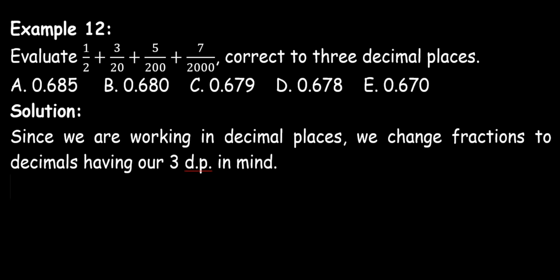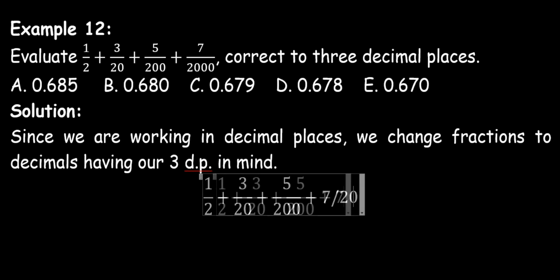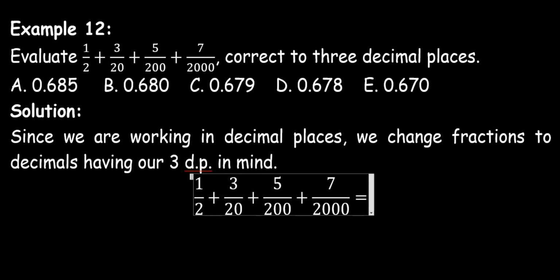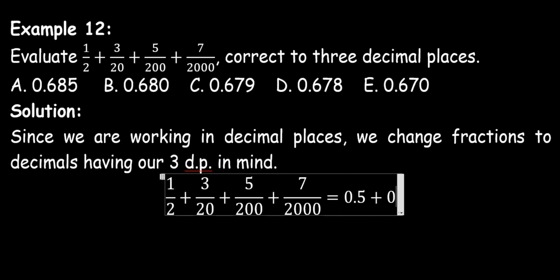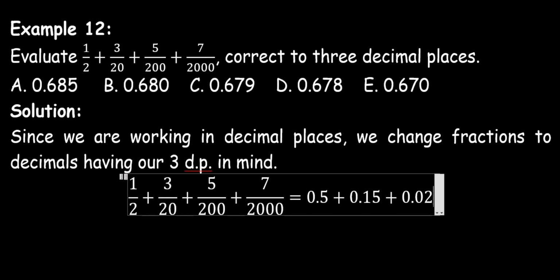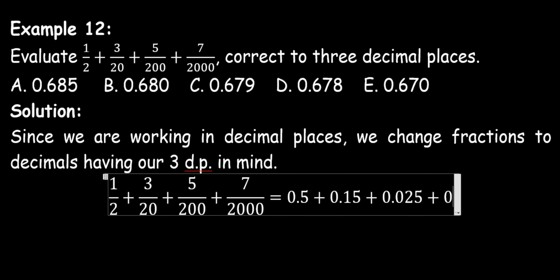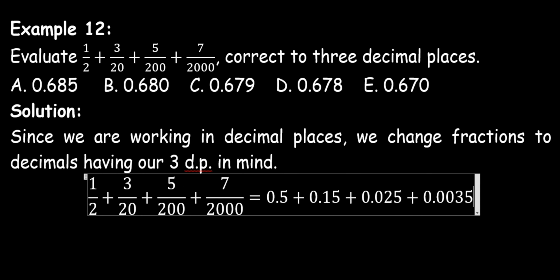Hence, our 1/2 plus 3/20 plus 5/200 plus 7/2000 will be equal to 0.5, 0.15, 0.025 plus 0.0035.